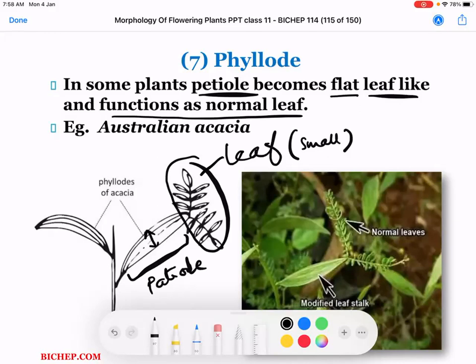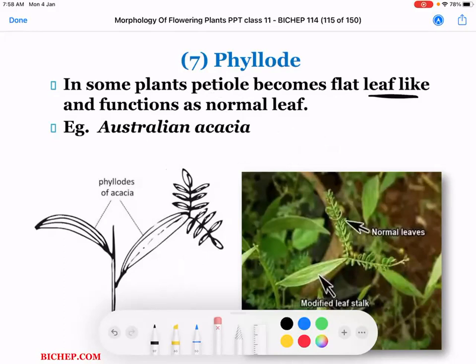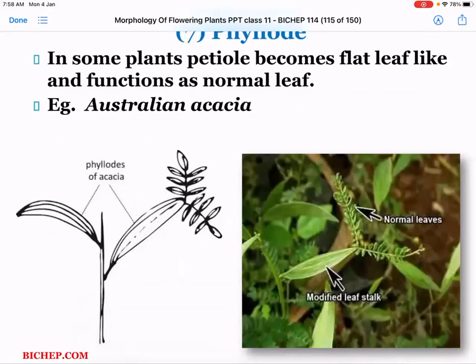So the petiole becomes leaf-like and helps in producing food. For example, Australian acacia or bawad in Gujarati. That's the example of phyllode.